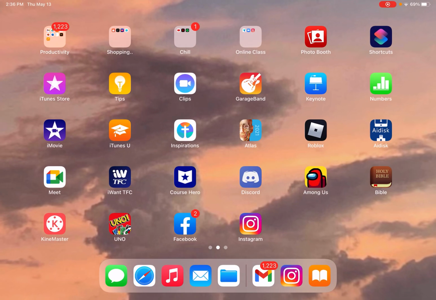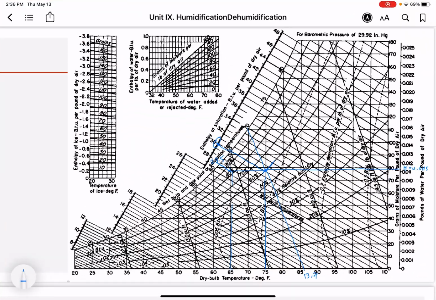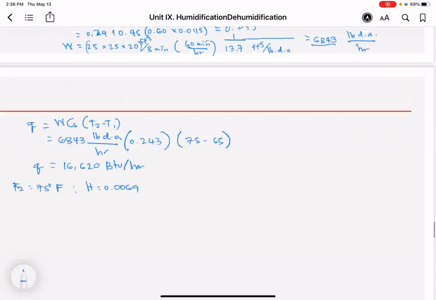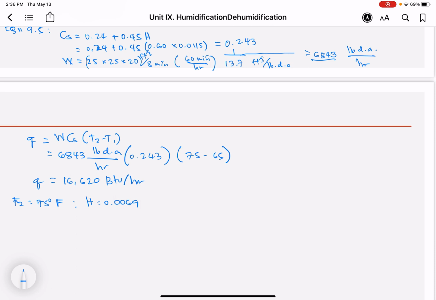So I have at 65 degrees centigrade T1, your enthalpy, or ang ginagamit natin, enthalpy is I. So dito, I is at 30.